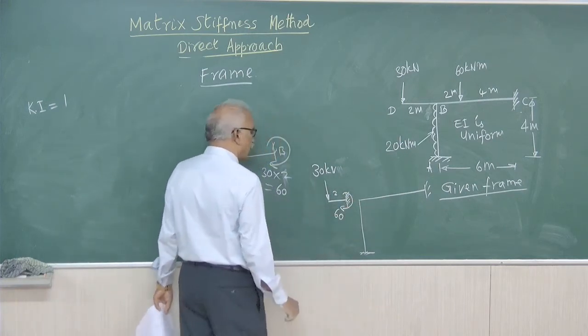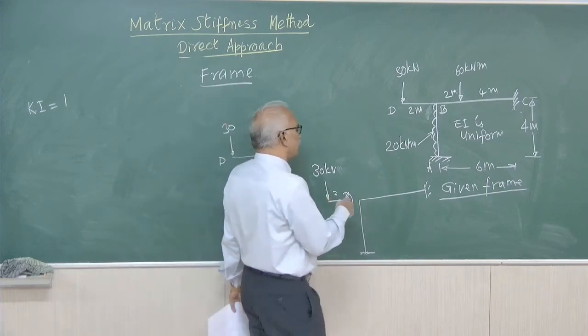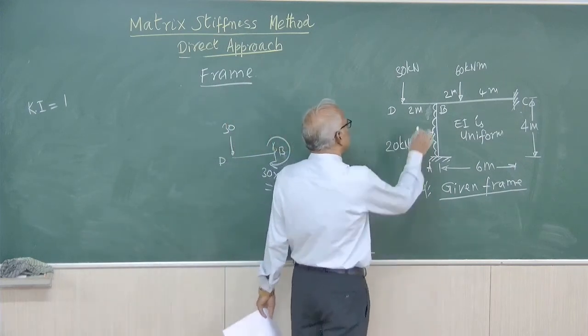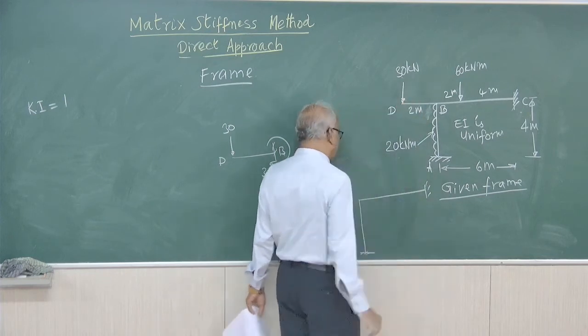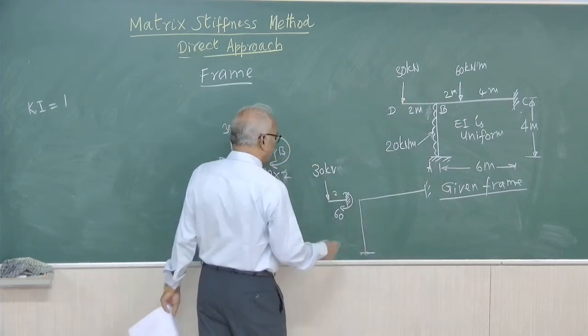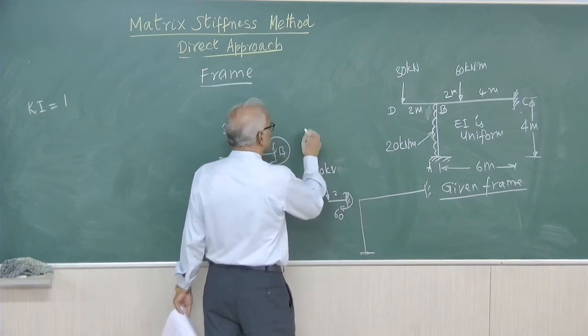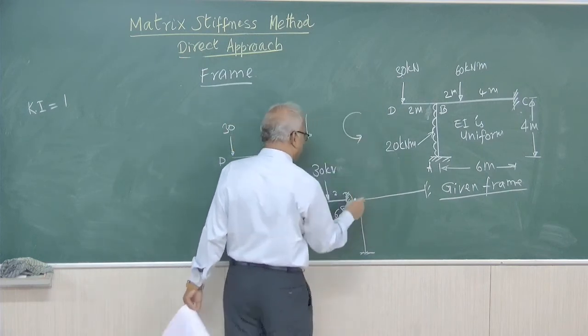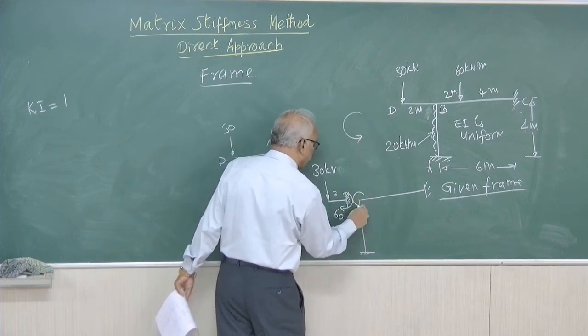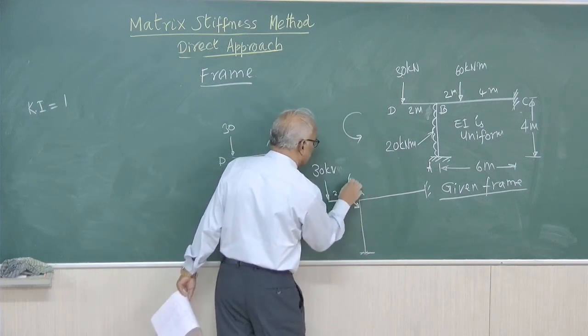Right. Now, if you consider the frame as a whole, this overhang of 2 meters with a load of 30 kilonewton is equivalent to a moment. So this will cause a moment in the frame. In the frame, this will cause a moment of 60.